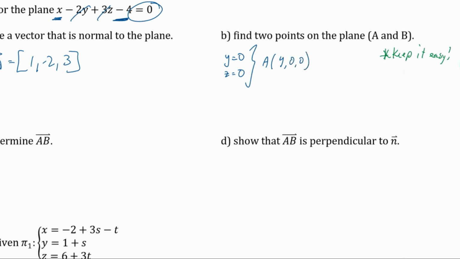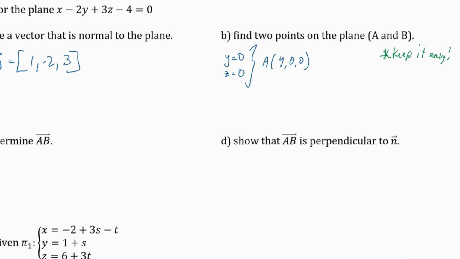If I didn't set y and z equal to 0, if I set one of them equal to 1, that wouldn't be so bad. Setting z equal to 1 might be a little awkward. Actually, it'd be fine, depending on what the equation is, obviously. But choosing zeros is easiest. You can choose one or two. You can make this harder and just sub in any values for x, y, and z that will balance this.